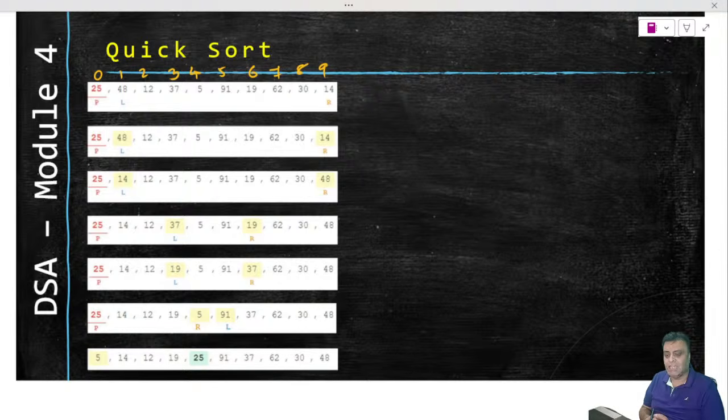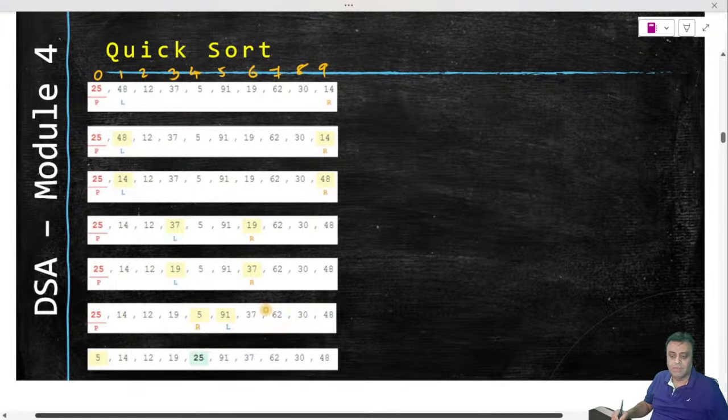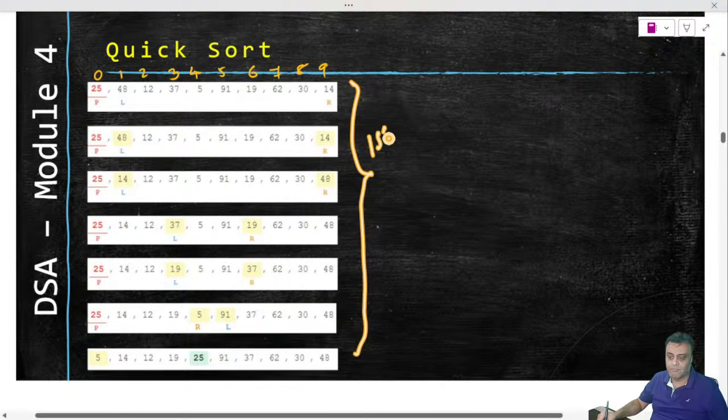Now, what we are saying is, we will take one element as a pivot element and try to position that element at the right location after the first iteration. So this is my first iteration, right?